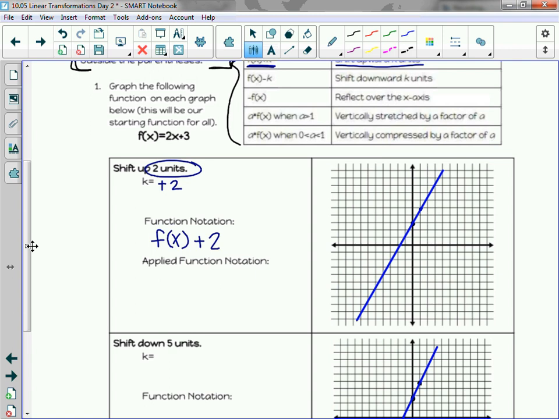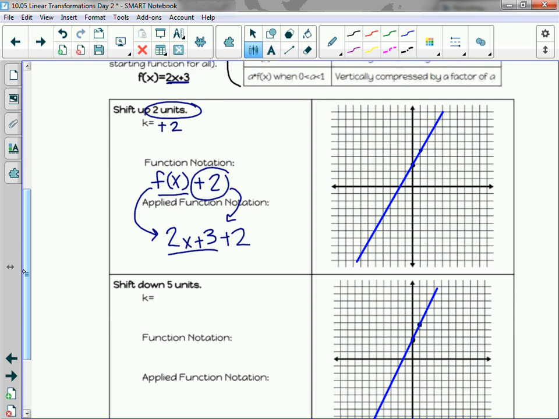Applied function notation is when you take that function and replace it with the 2x plus 3. So we're going to replace f of x with 2x plus 3. And what did we do to f of x? We added 2. Whenever you're applying transformations of function notation, make sure before you're done, is there anything that you can simplify together?